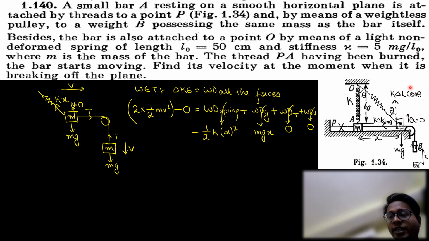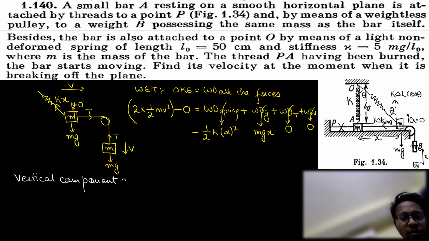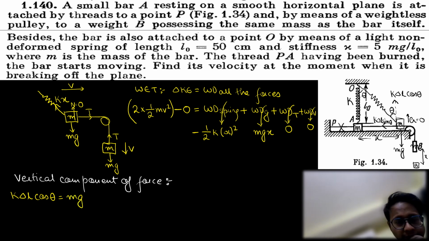So let's analyze the vertical component of force. K into delta L, where K is the spring constant and delta L is the elongation of the spring, into cos theta is equal to mg.